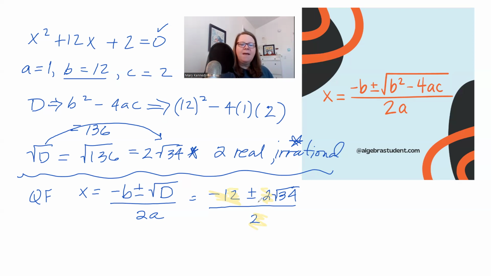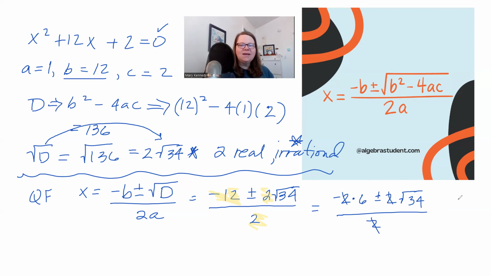So I want you to think of negative 12 as something smaller and ideally with a 2 in it. So if you're multiplying, you could think, well, negative 2 times 6, that's the same as negative 12, right? Plus or minus 2 square root of 34 over 2. And now notice the 2s all cancel. Isn't that nice?